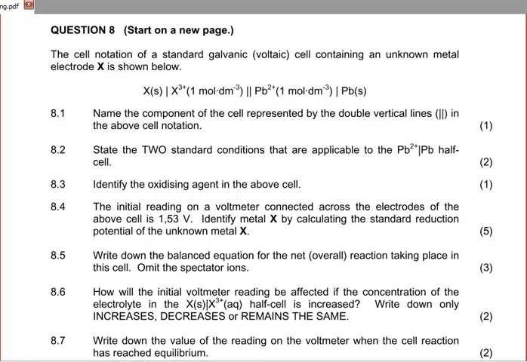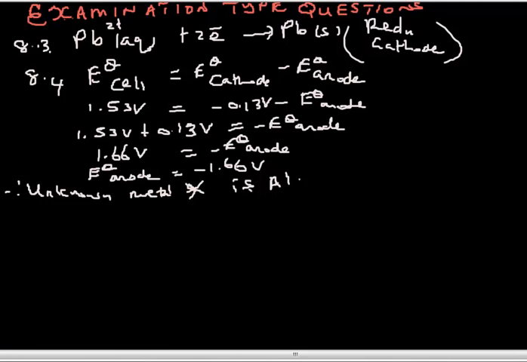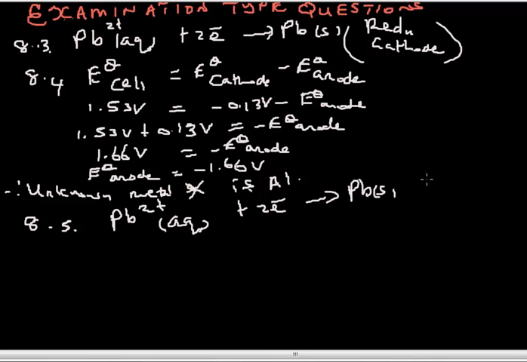So what we are going to do, in our question 8.5, is take that reduction reaction which we have already written, that is our lead 2+ being converted to lead solid, and this one is a reduction reaction.